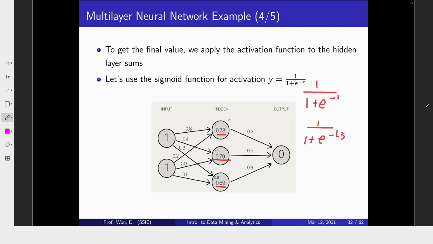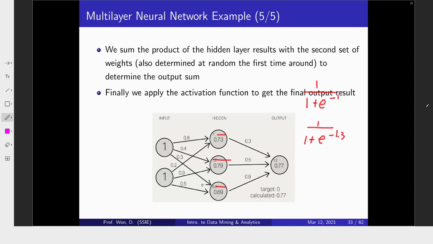Next step, obviously, multiply this one. 0.78 multiply 0.3 and 0.79 multiply 0.5 and 0.69 something. Then the final one, if we simply calculate that, is 1.2.